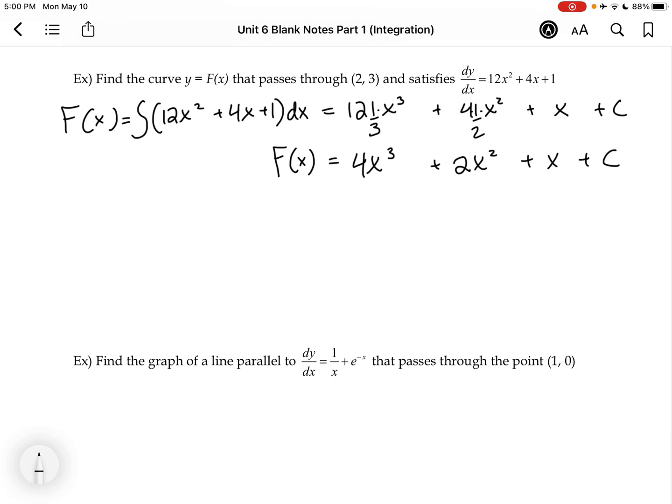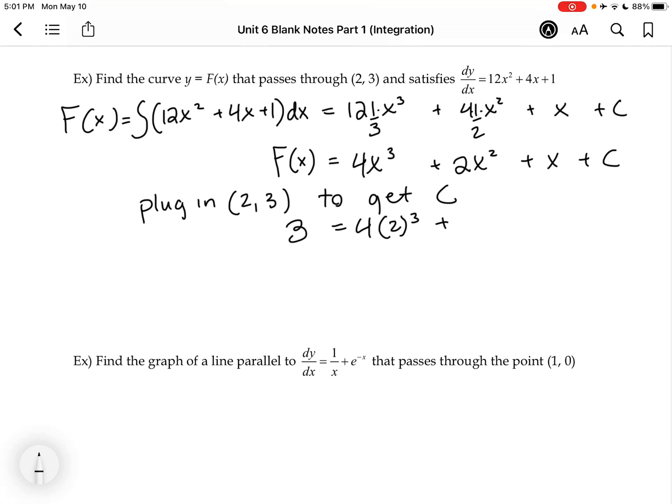Now we know that F of x passes through the point (2, 3). So we can plug in a 3 for F of x and a 2 for x, and then we can solve for c. So that's what I'm going to do next, right? I'm going to plug in (2, 3) to get c. Okay, so that would give me 3 equals 4 times 2 cubed plus 2 times 2 squared plus 2 plus c.